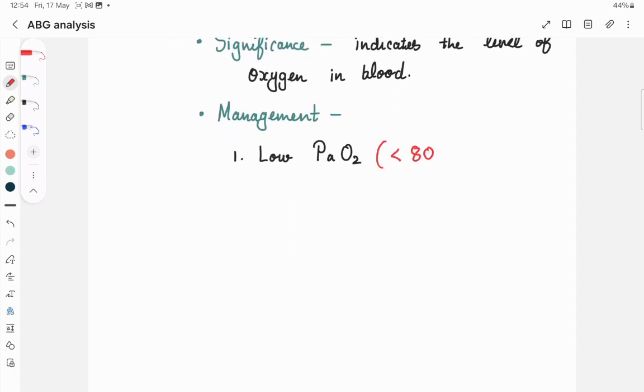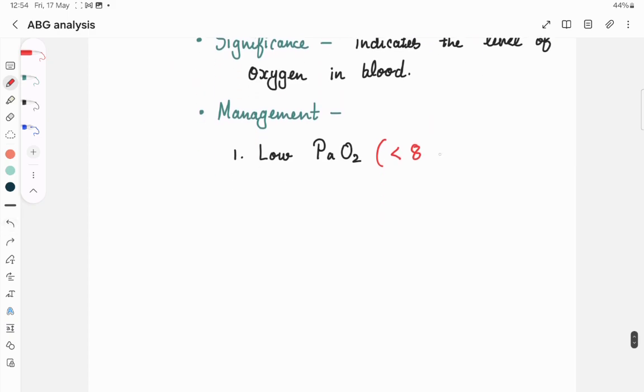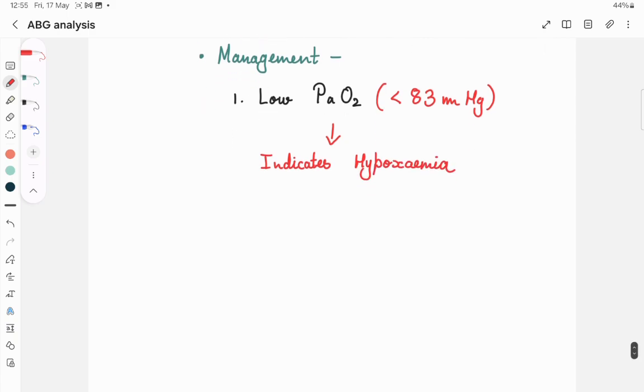If the partial pressure of oxygen is less than 83 mmHg, we will say that it is low PaO2. And what does it indicate? It indicates hypoxemia. Obviously there is less oxygen in blood, so the body is hypoxemic.